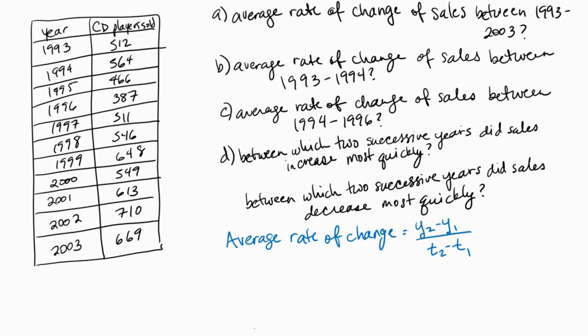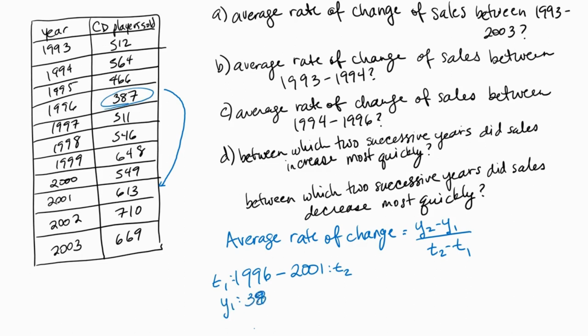Let's try 1996 to 2001, for instance. So we have 1996 to 2001. This is going to be T1. This is going to be T2. And our Y1 value for 1996 is 387.